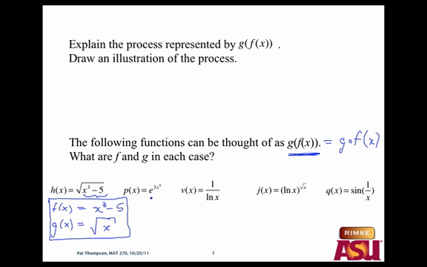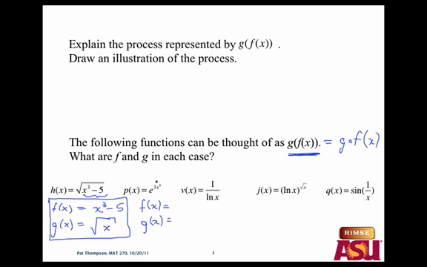Okay, for p, we got e to the 3x to the 8th. So what is being plugged in to what? Or the output of what function then becomes the input into an exterior function to give us e to the 3x to the 8th?